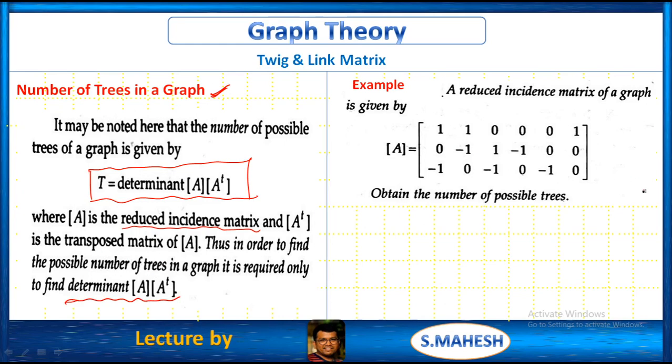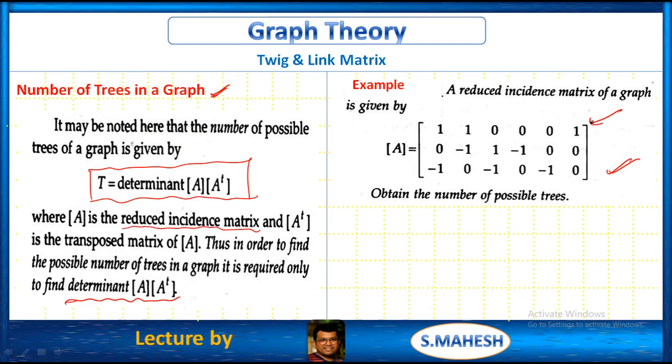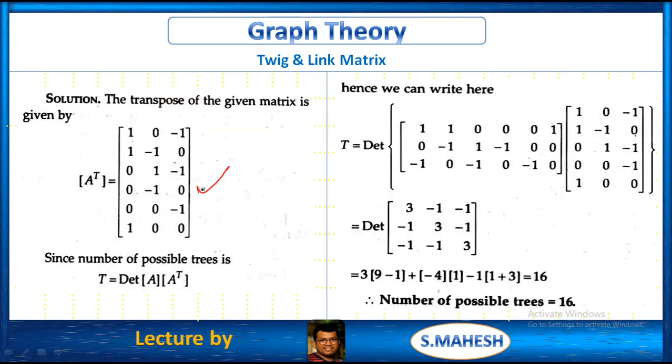So, for example, this is the given reduced incidence matrix of a graph. Like that, we obtain the number of possible trees. Okay, from this, what is A transpose? This is A, right? From this, we have A transpose. So, to get the number of possible trees, what is the formula? Determinant of A into A transpose, right?